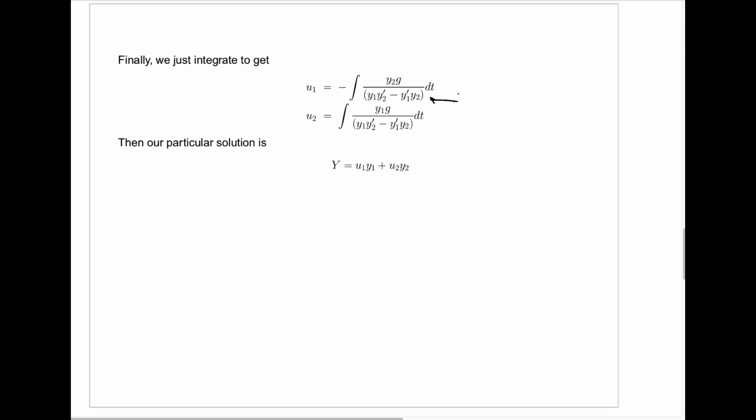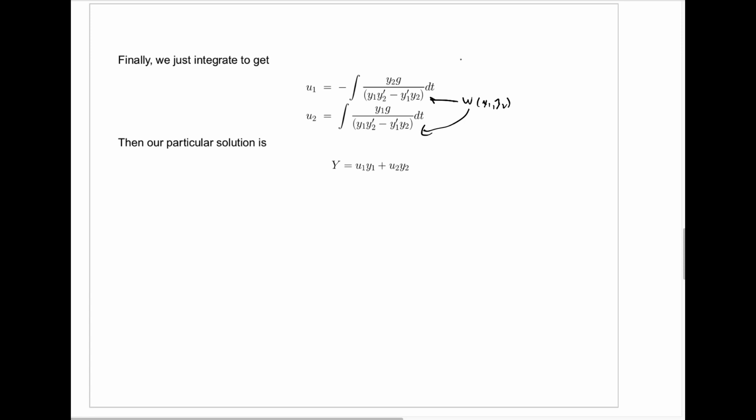Remember, we can always write this with the Wronskian in the denominator, and u2 would be the integral there. Then to finish up, we put those back together and get a particular solution. I'll call that capital Y, which is u1 times our original y1, that solution to the homogeneous equation, plus u2 times our second solution to the homogeneous equation.